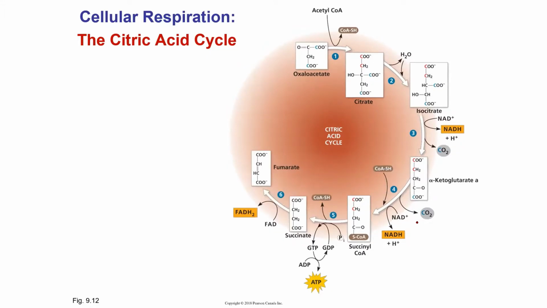I know you were thinking, oh, we're going to make some more NADH. Not yet. It turns out that we actually make GTP instead of ATP. You're probably thinking, what is going on there? Well, here's some news for you: ATP is not the only energy source we can use in our cells. We do have other nucleotides, right?